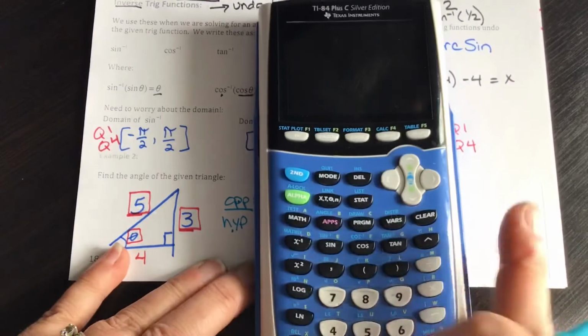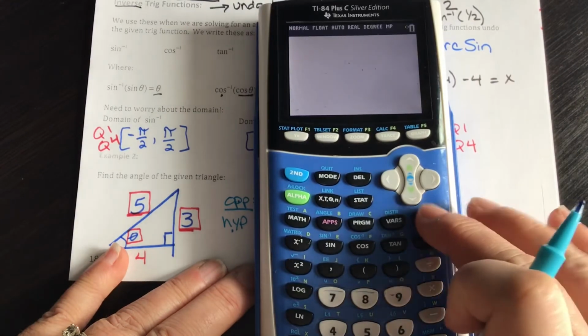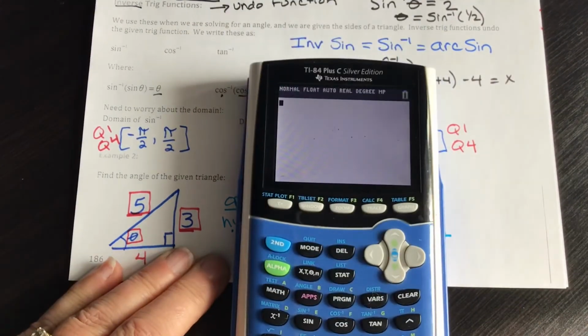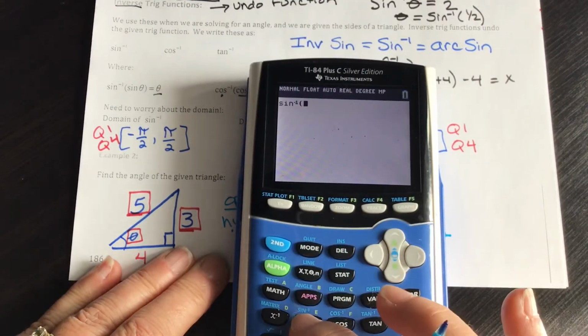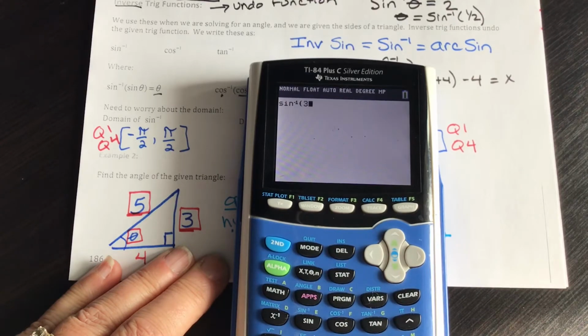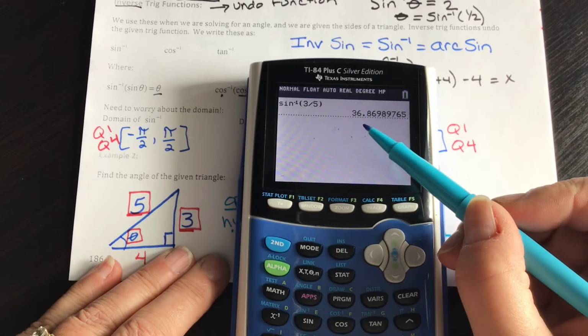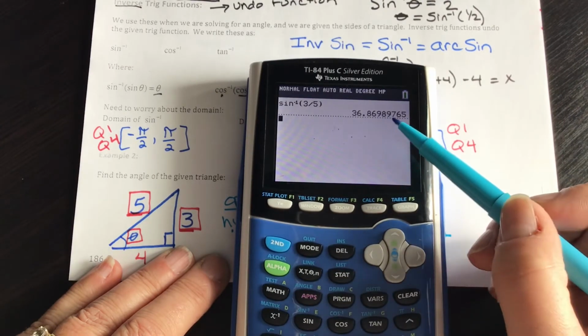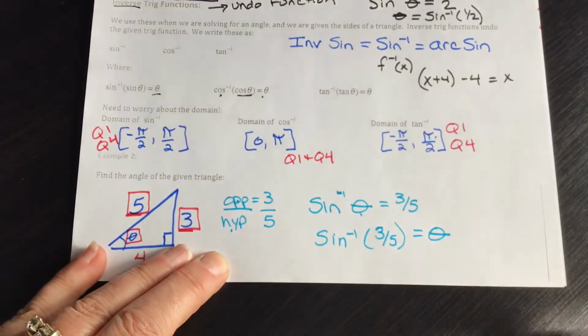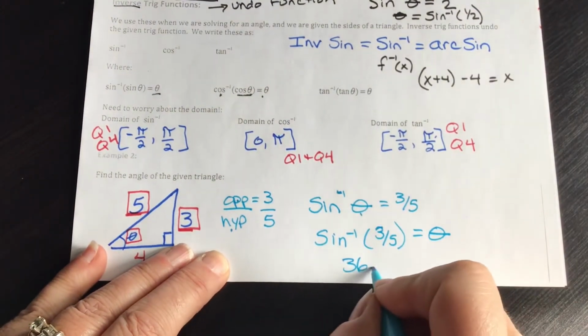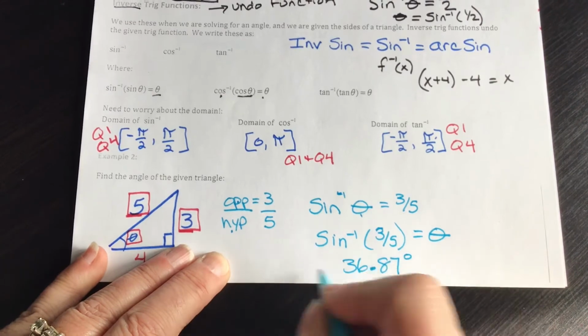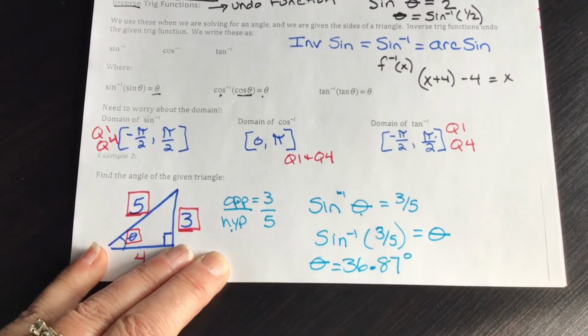On my calculator, I'm still working in degrees, so I type in inverse sine of 3/5, and that tells me my angle is 36.87 degrees. So 36.87 degrees is the measure of my angle.